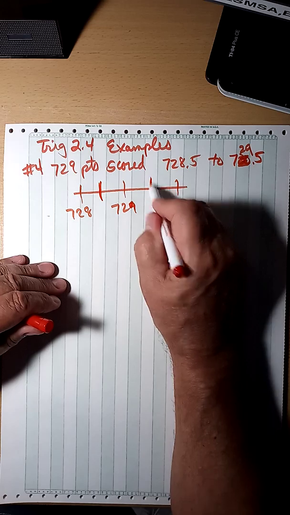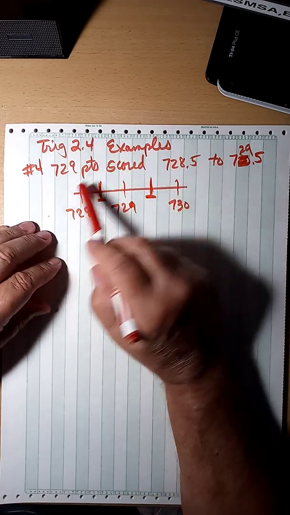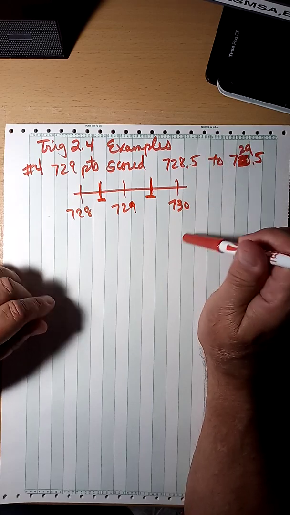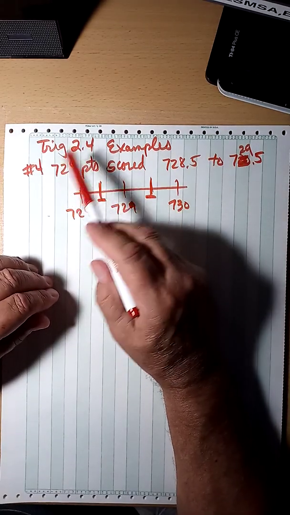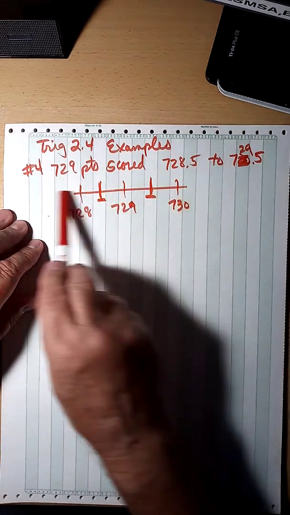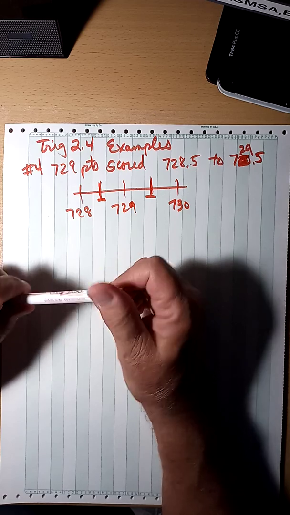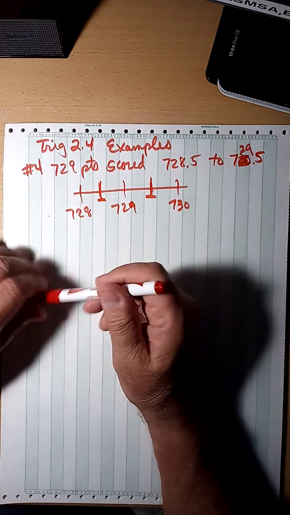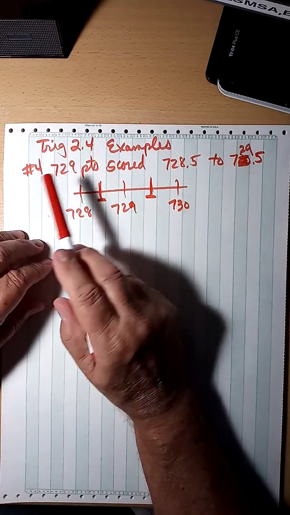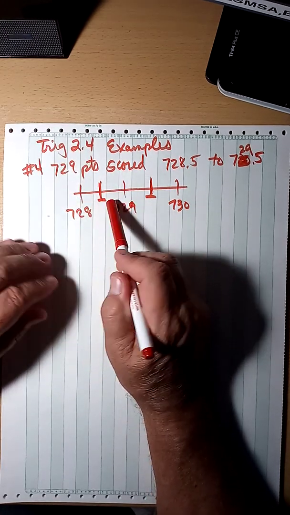Because we can't measure exactly. Well, what they're trying to show us with this problem is some things are not going to be this continuous line that you need to worry about. It's not like the measuring stick that we had before with inches measured on it. This one is you either scored 729 or 728, not a half.